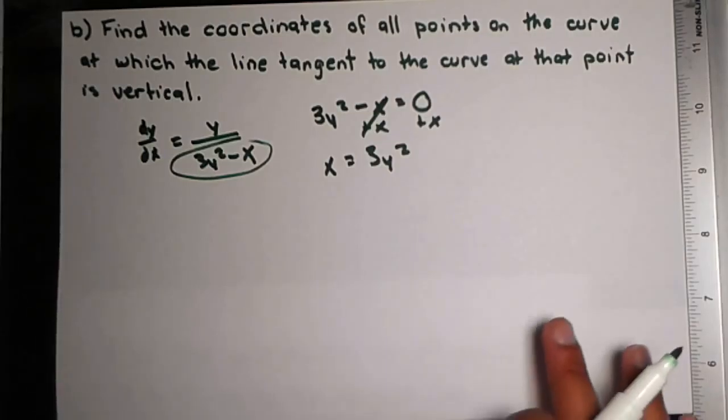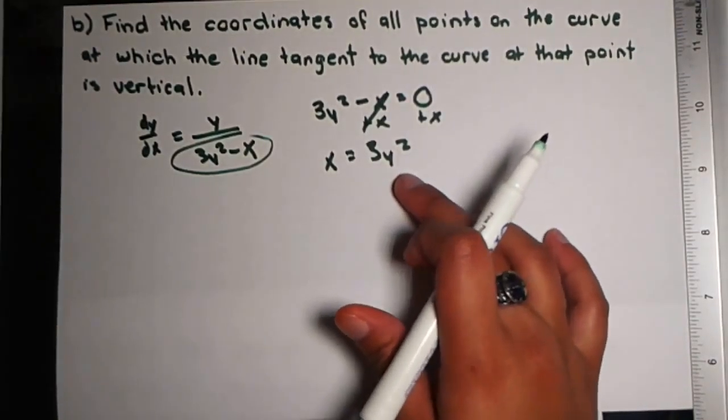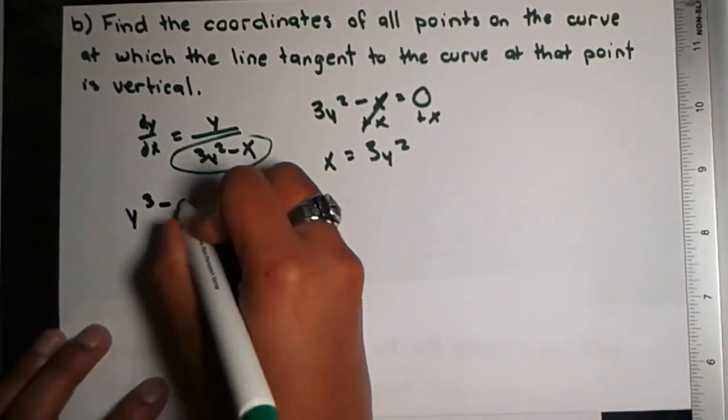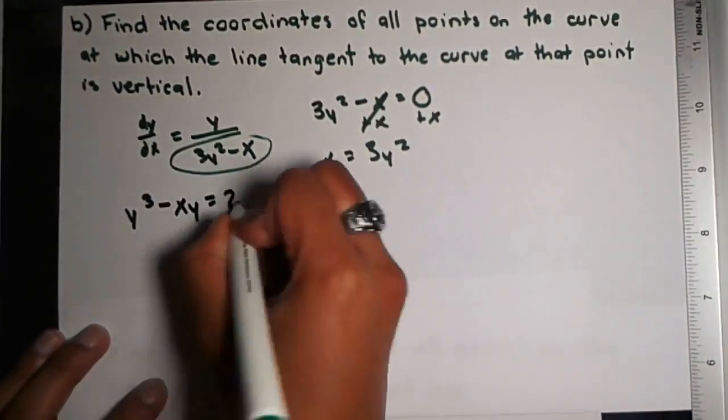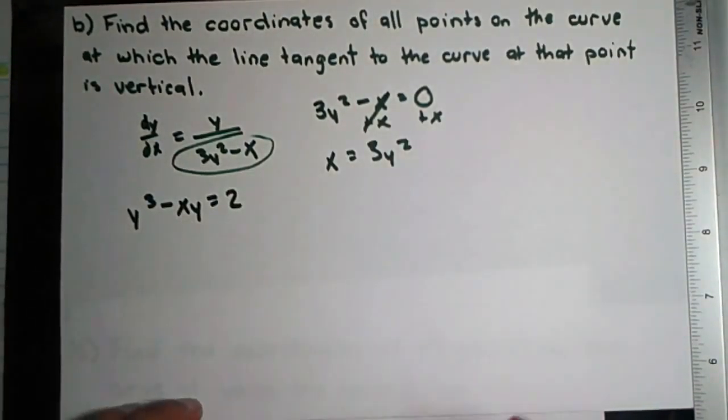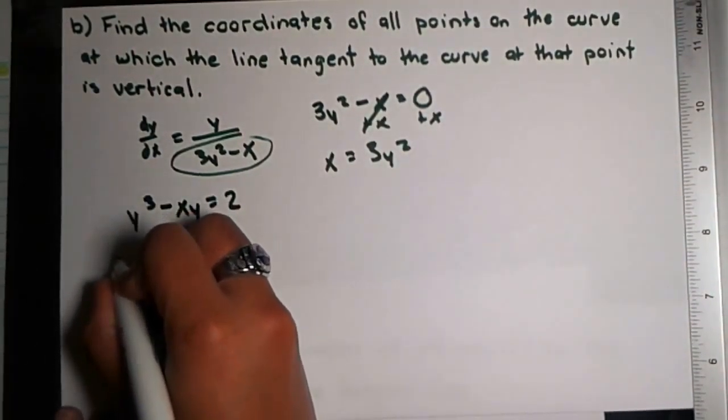All you have to do next is plug this into the original equation we were given, which was y cubed minus xy equals 2. And all you have to do is plug in this x for that, so you could find your y.